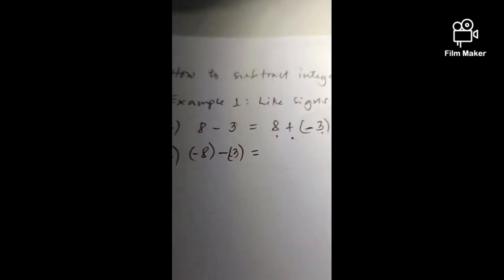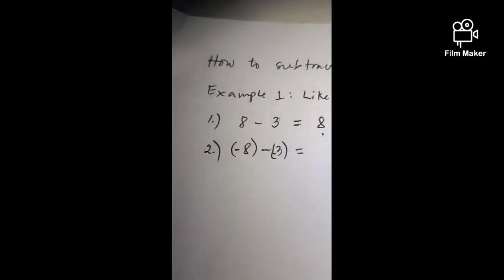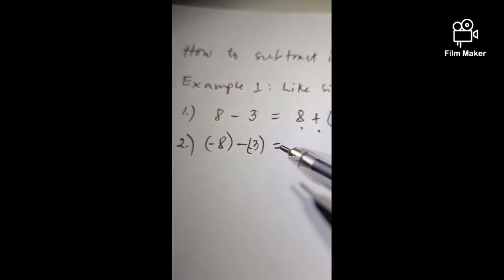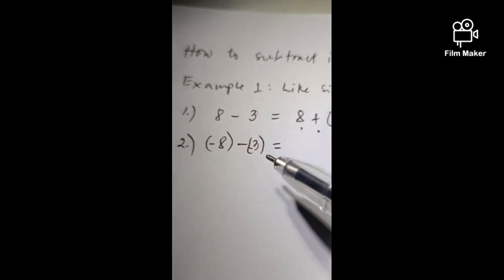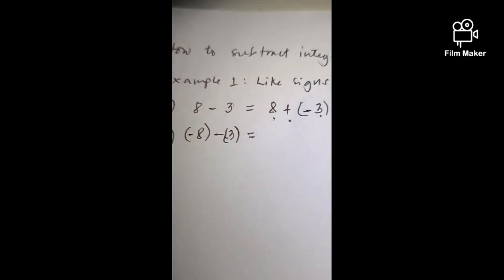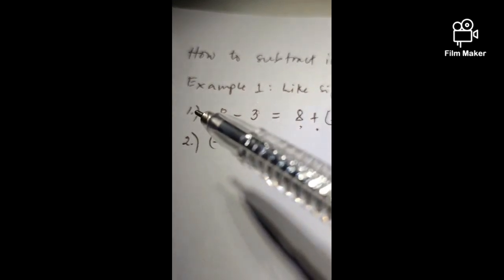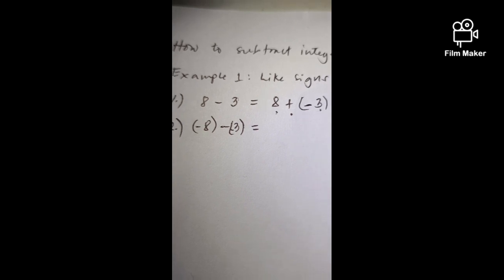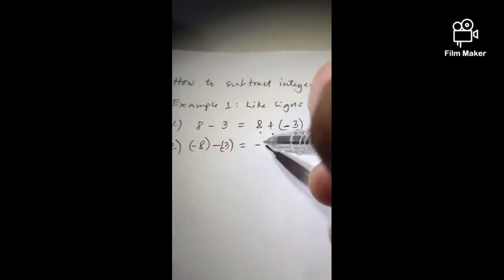For number 2, we have negative 8 minus the negative 3. Like sign sila kasi pareha silang negative. In subtraction tayo dyan. Now, as what we have learned from number 1, we copy the minuend. So as is.